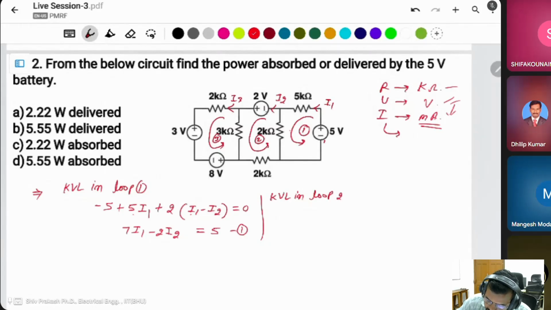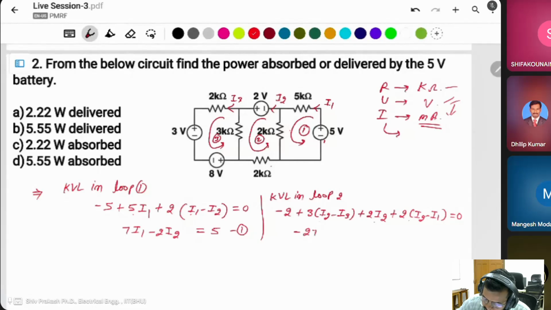Minus 2 plus 2, minus 3 into I2 minus I3, then plus 2 I2, plus 2 times I2 minus I1, equal to 0. 3 I2, 2 I2 and 2 I2 makes 7 I2, and minus 2 I1.